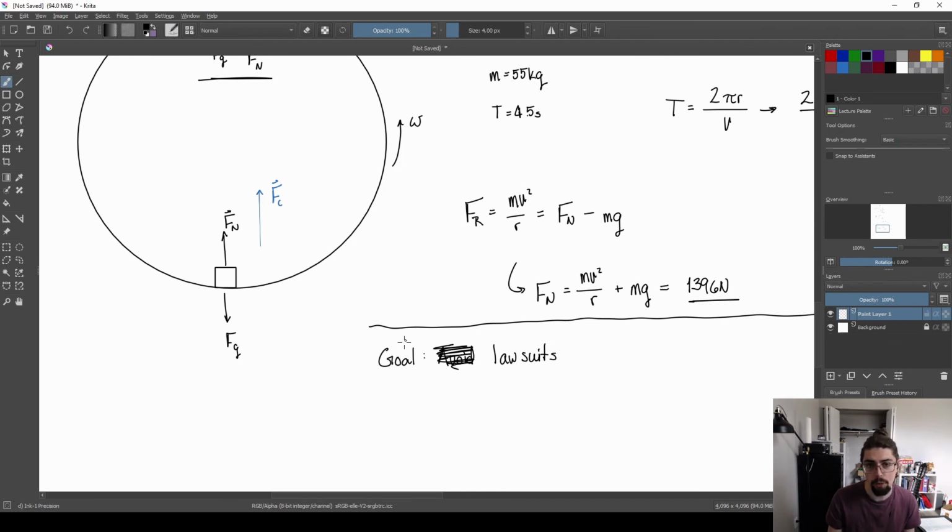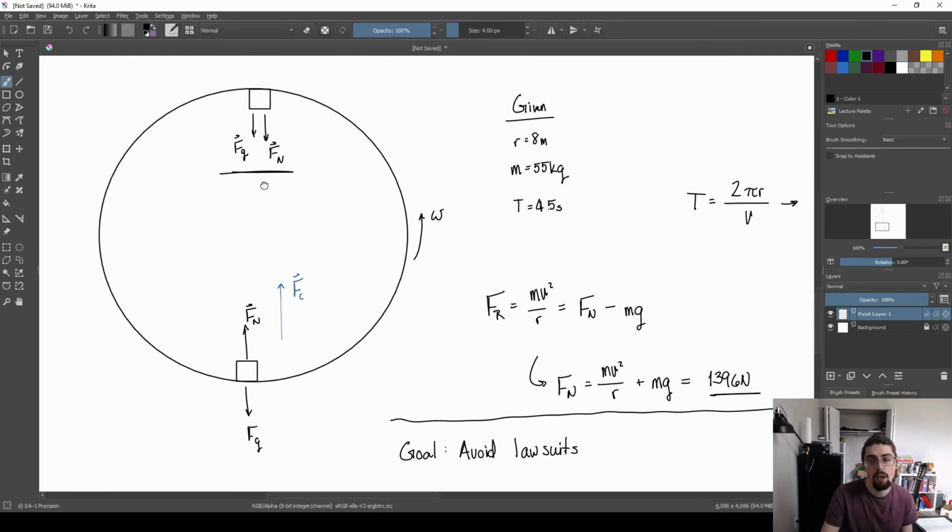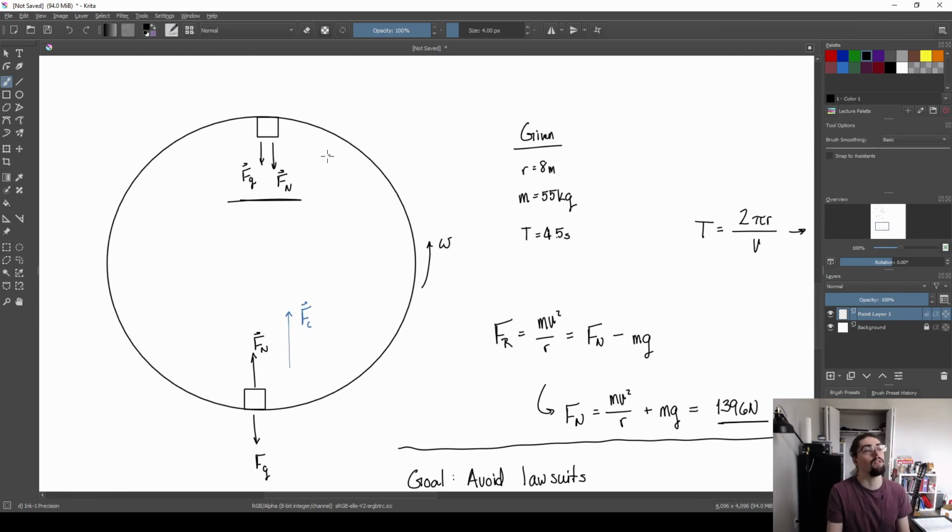Then we have lawsuits. Our sweet spot, the bare minimum that we can use to get around this whole thing, is the condition where the gravitational force at the very top of the ride is providing just enough force to keep us going around in the circle, and no more than that. Normal force is cut out, but we are not moving so slow that the radial force pulling us inwards exceeds the centripetal force.